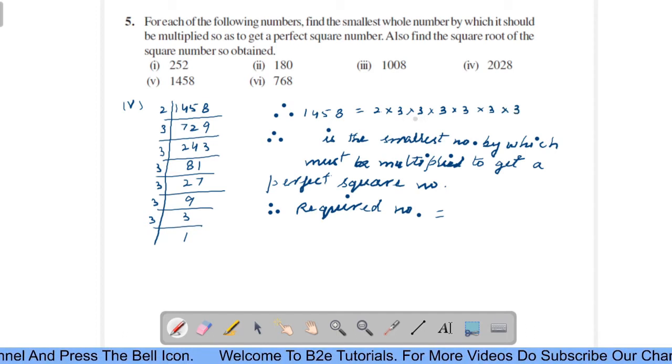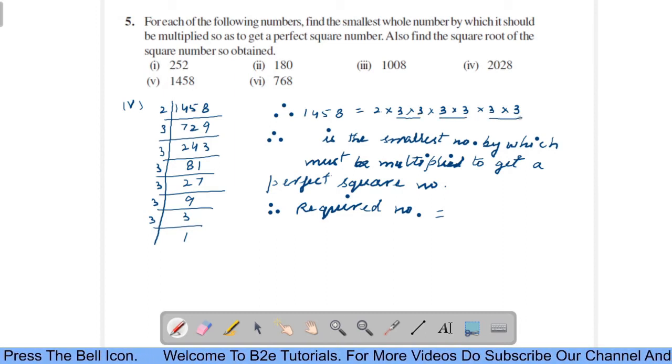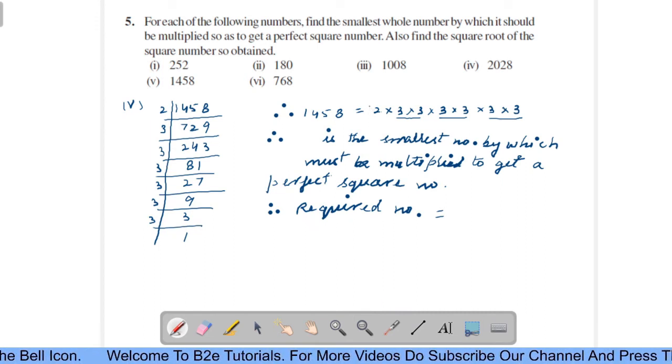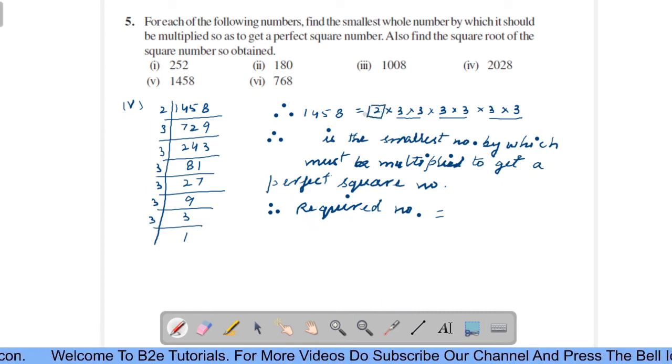Here make pairs of 2. Here we are able to make pair of 3, but here we are unable to make pair of this 2.